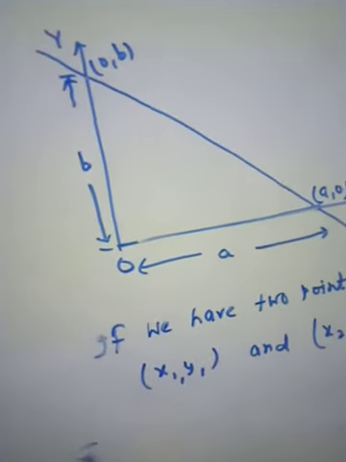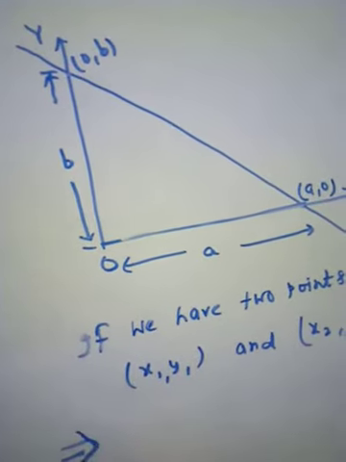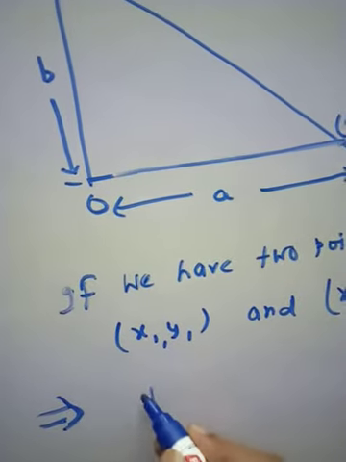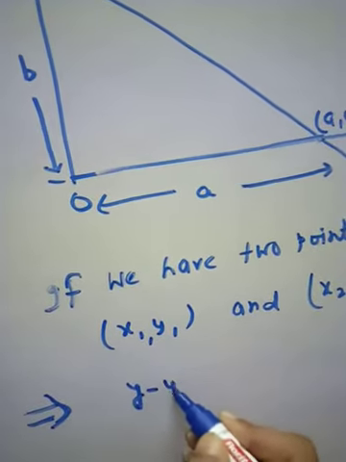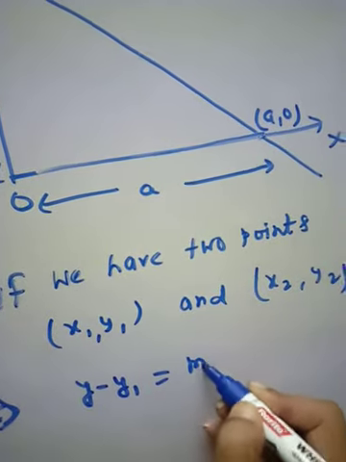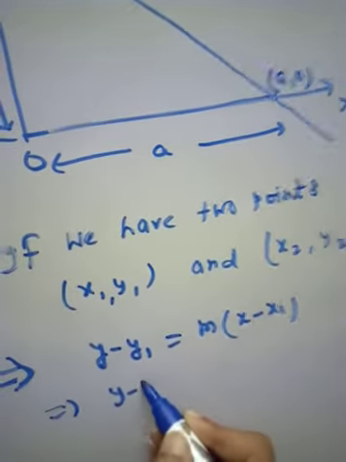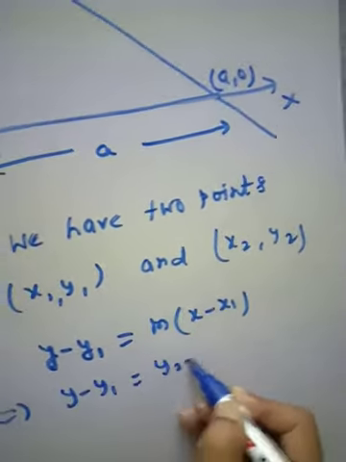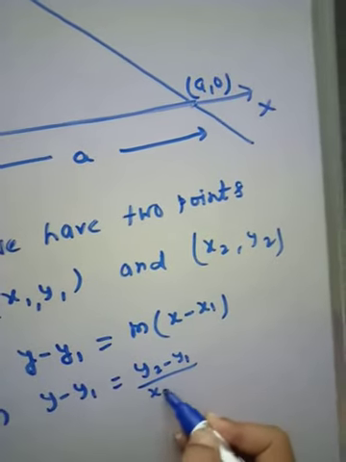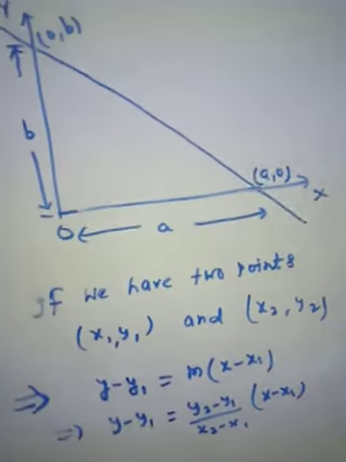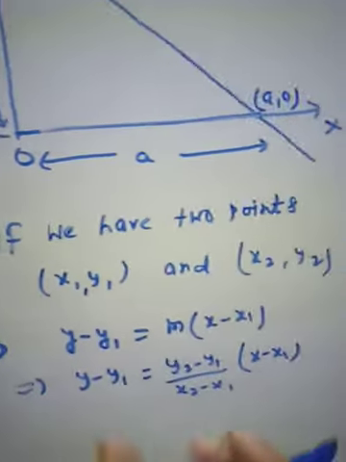What is the equation of the line joining the two points? The equation will be y minus y1 equals m times (x minus x1), where m is the slope. What is the meaning of slope? The y-coordinate difference divided by the x-coordinate difference. So we have to use this formula for these two points.